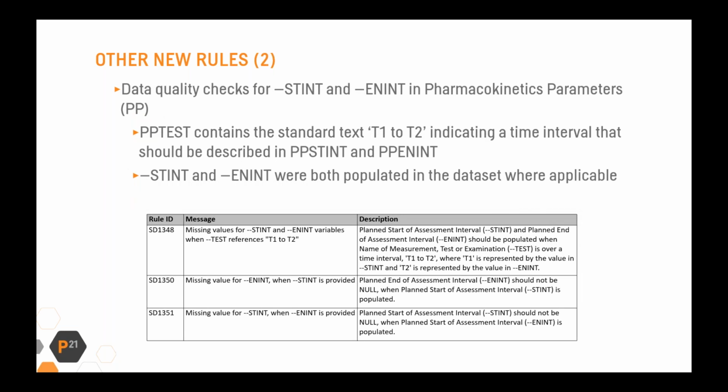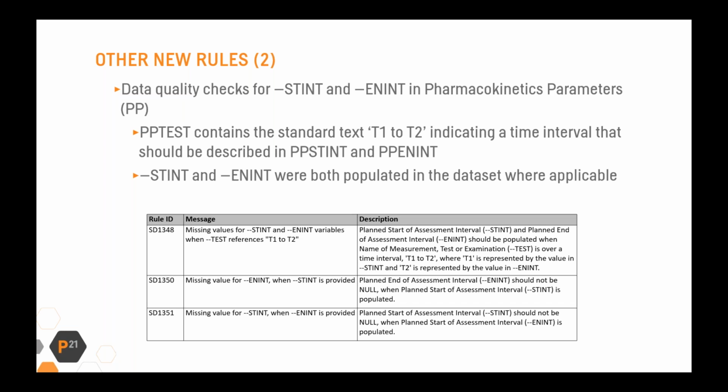We've also created some data quality checks for the STINT and ENINT variables in the pharmacokinetics parameters domain, or PP. So the first rule is SD1348, where it is checking that STINT and ENINT are populated when the PPTEST references T1 to T2. So we have a lot of controlled terminology for PPTEST.